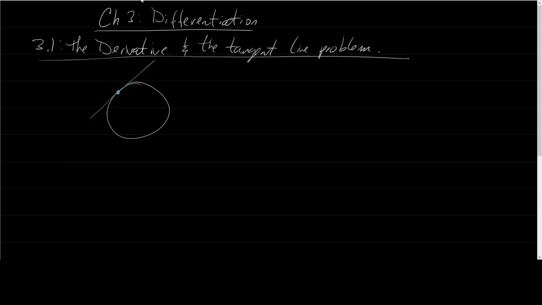In terms of calculus, what we can say now is, let's say that we have some function, some curve. And in here, we can come up with places where we might be interested in the tangent line.